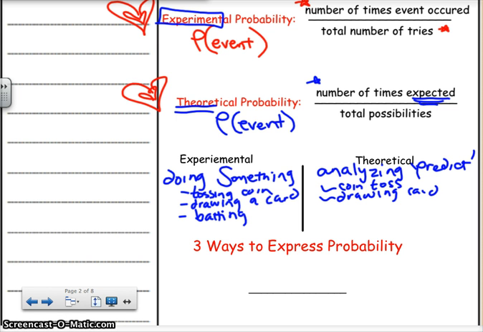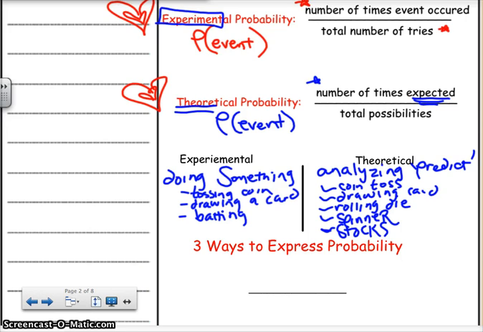Rolling a die. Yep. A spinner. Yeah. Stock market directions. They do a lot of theoretical, and it could be experimental too. In theory, this is what should happen.